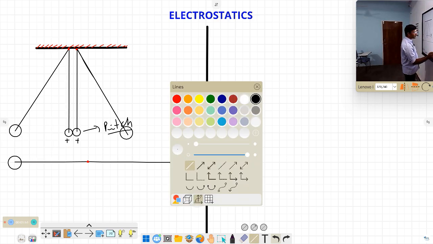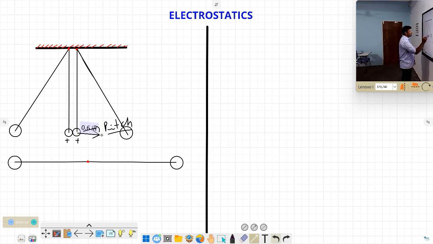Indicating the direction of the force of repulsion, these two are going to be repelled in this direction, and this sphere will be repelled in this direction. Both are going to be repelled. So when they are repelling each other, these two pith balls make a certain angle with the vertical.